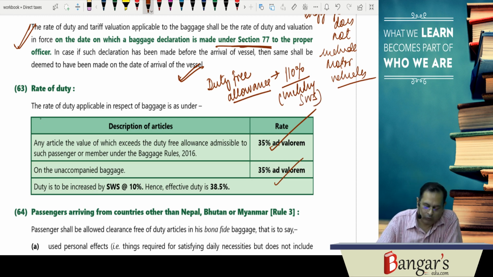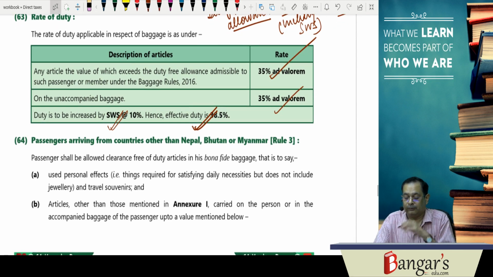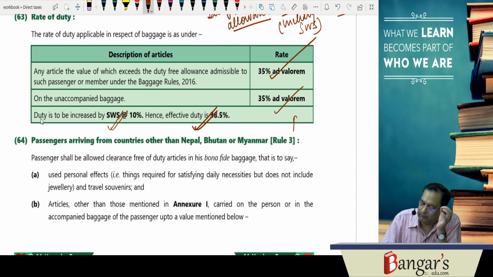Otherwise, the rate of duty on baggage is 35%. Duty is to be increased by social welfare surcharge of 10%, and hence effective rate of duty is 38.5%.